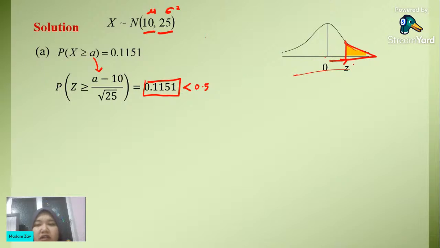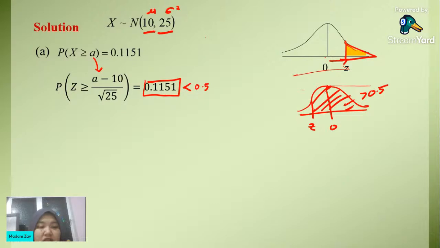If we assume that this Z is on the left side of 0, then the area on the right side of Z will be more than 0.5. Because it's less than 0.5, this Z should be on the right side. So we have to make sure that we put the value of Z on the correct part.